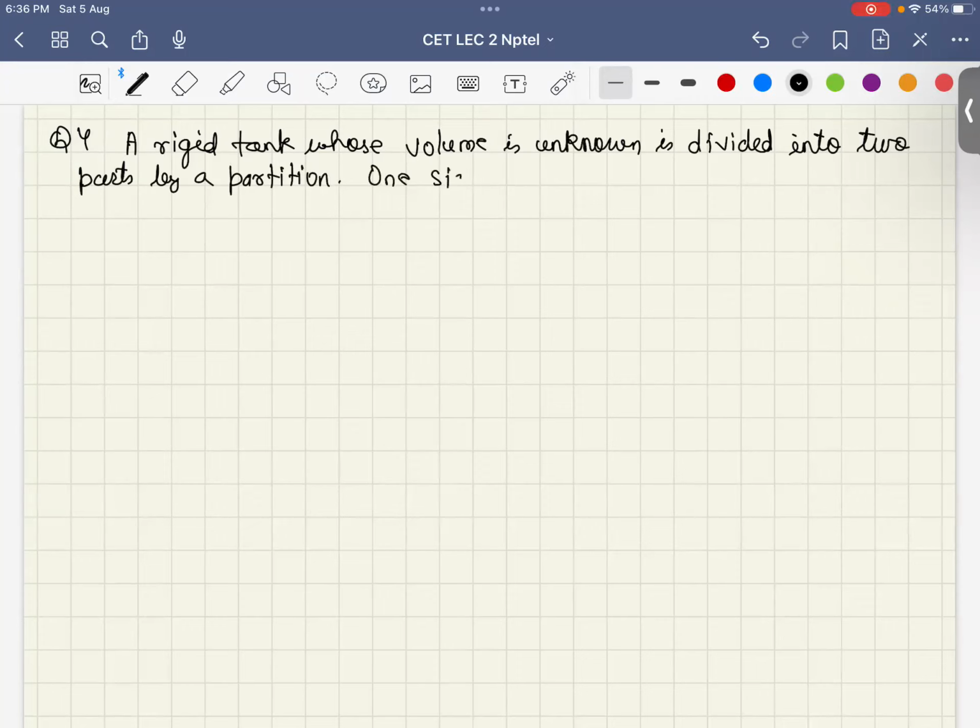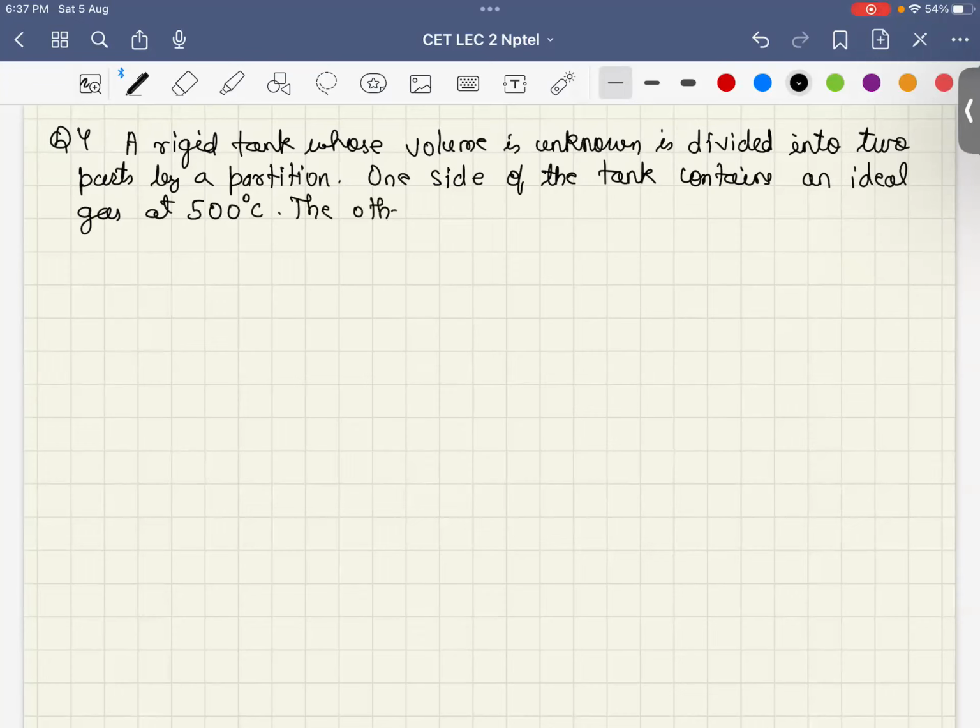On one side of the tank, the inside contains hydrogen gas at 500 degrees centigrade, whereas the other side is evacuated and has a volume the size of the part containing gas.